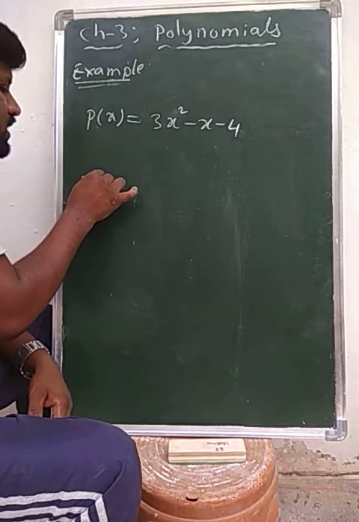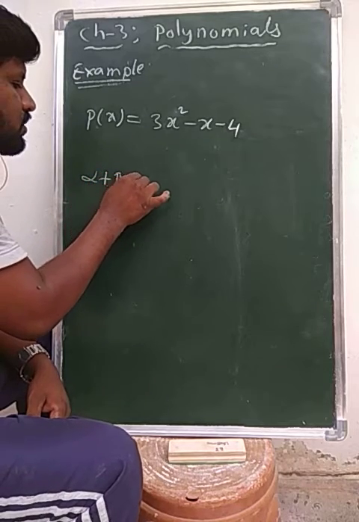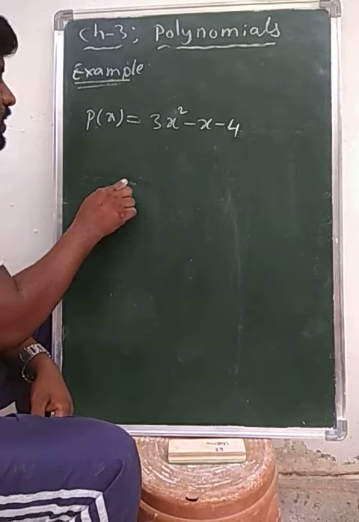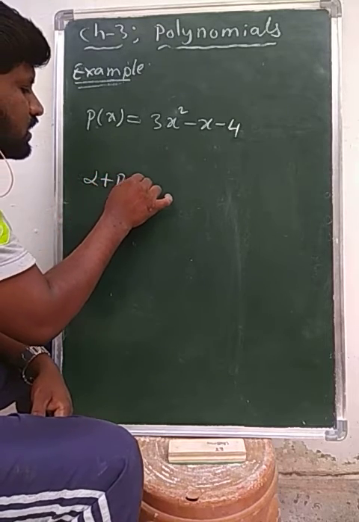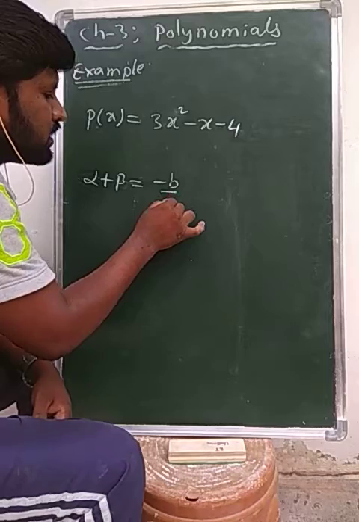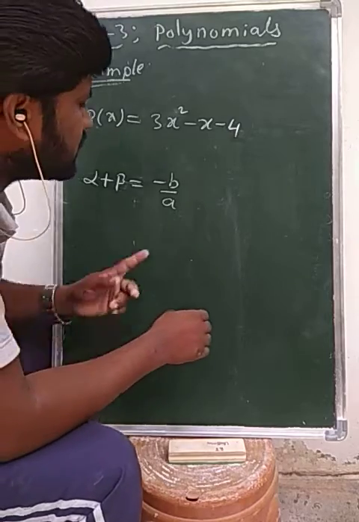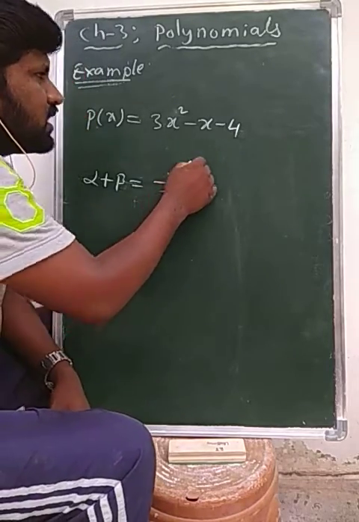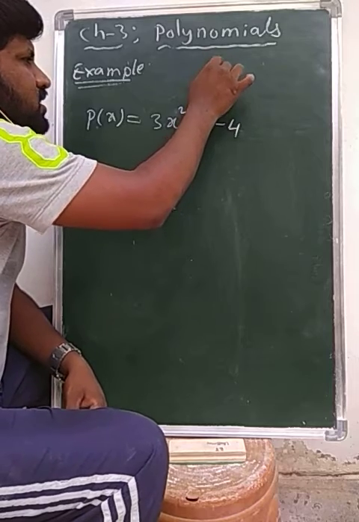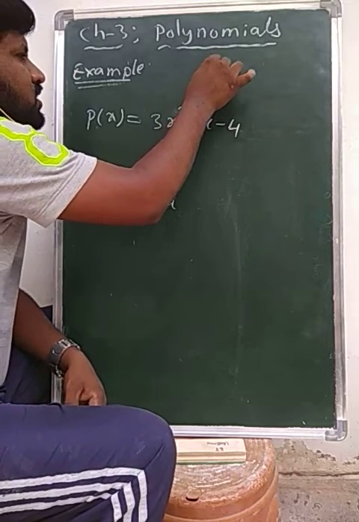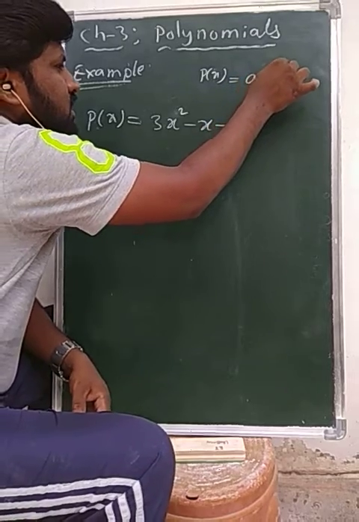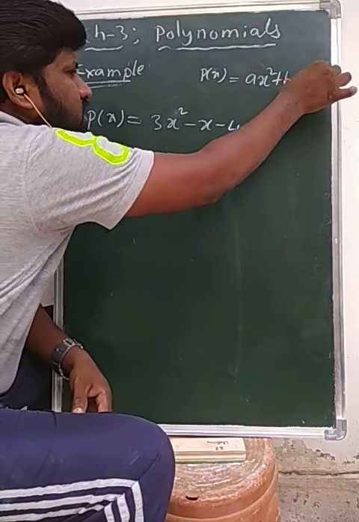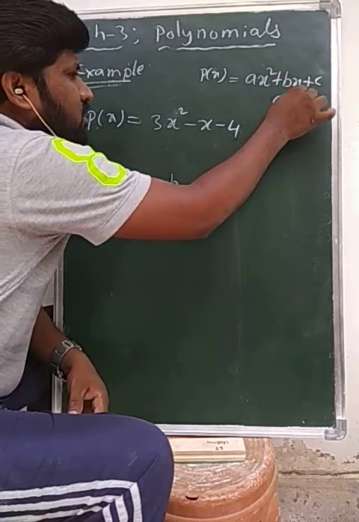Sum of zeros, alpha plus beta, is equal to minus b by a. Compare with the standard form of a quadratic polynomial: p of x is equal to ax square plus bx plus c, where a is not equal to 0.